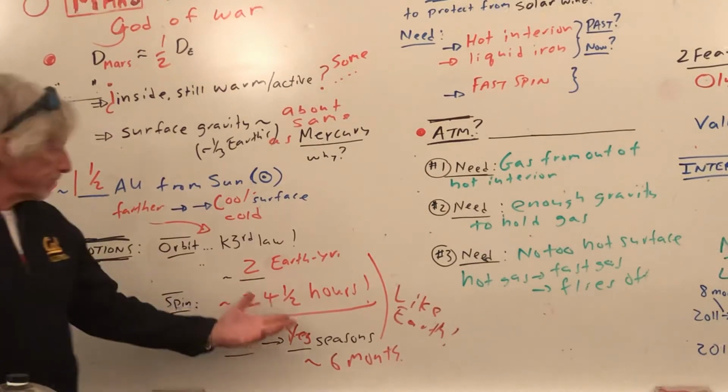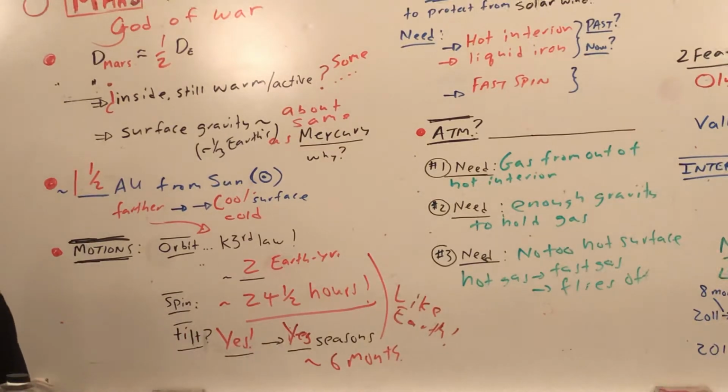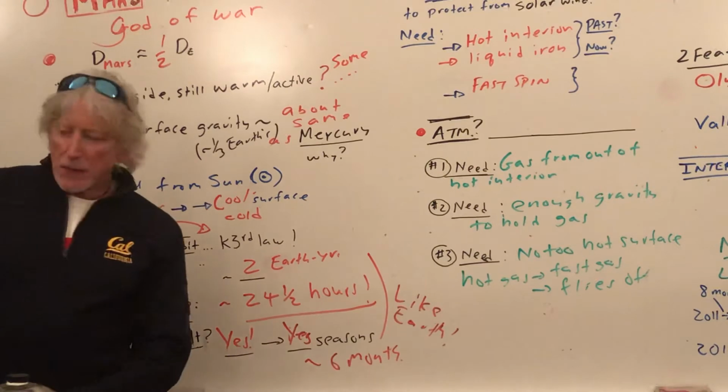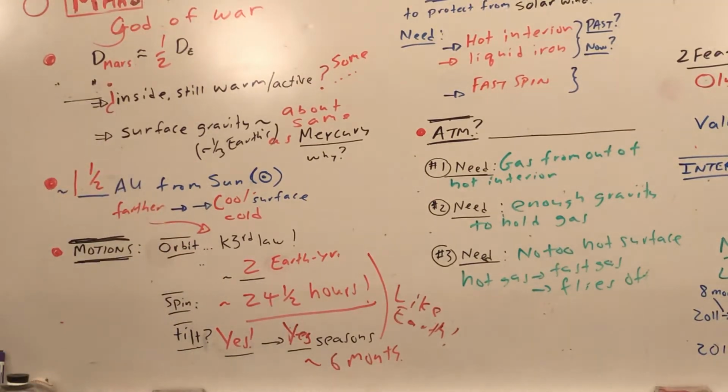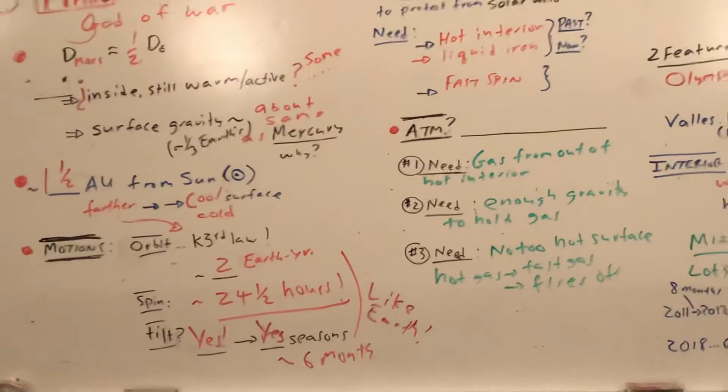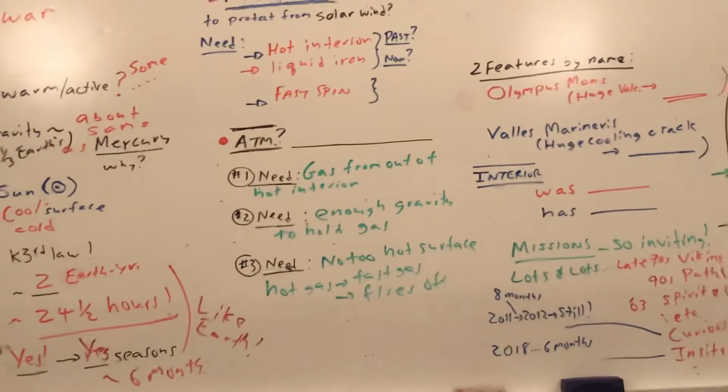And it's tilted, about the same. Pretty cool. So what's going on? What's happening here? Do you want to go? Maybe I'll leave that for now. I'll leave what that means for when we get to missions. So I think that's pretty cool.